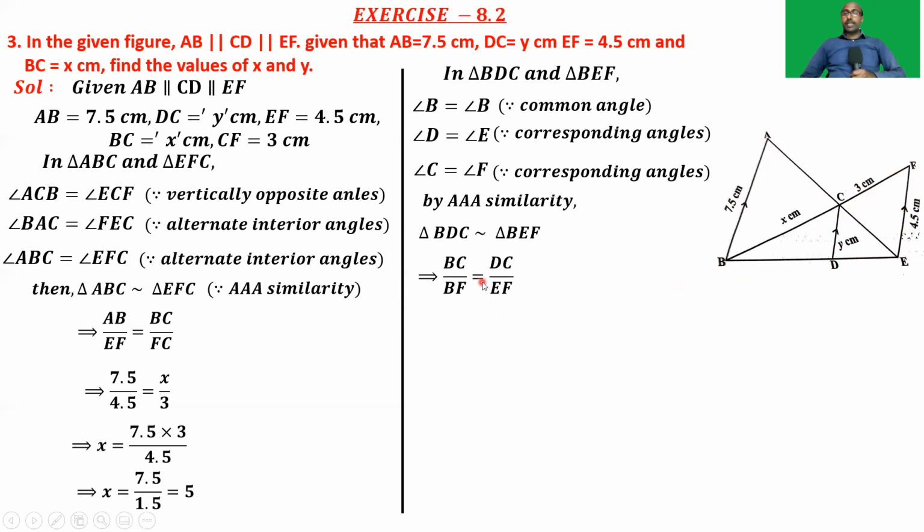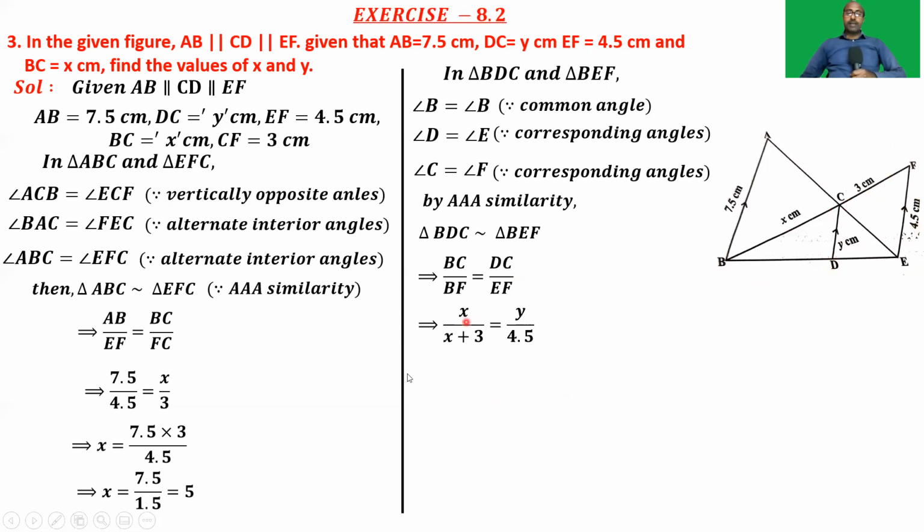Now, BC is X and BF is BC plus CF, that is X + 3. Also, DC is Y and EF is equal to 4.5.